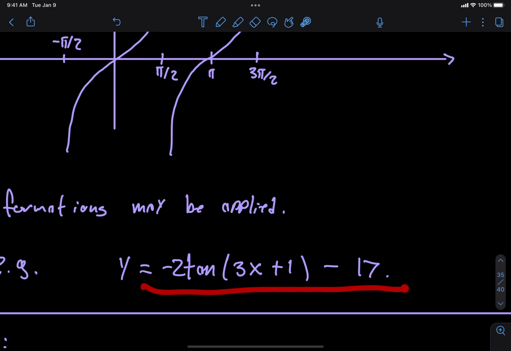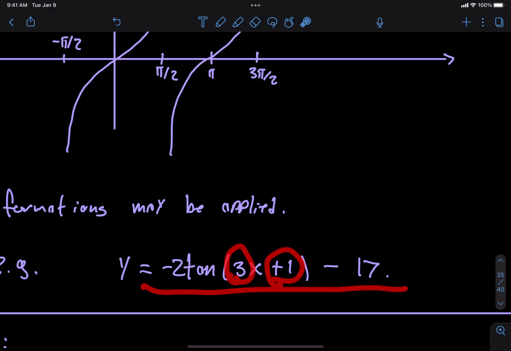Also, we have to remember the order, right? So horizontal shift, that's first. Then next, we also have a horizontal, what does that 3 do? Horizontal compression, or shrink, because this is a number bigger than 1.